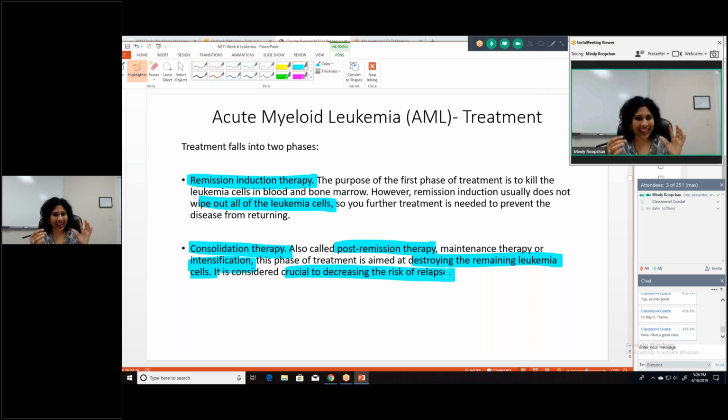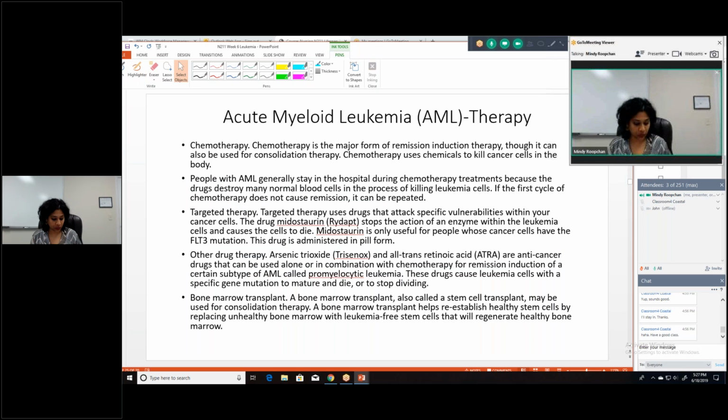So if you think of it like that, for those of you that are into your cardiac, I did that for John, that is similar to thinking of AML treatment. You are getting them on the medication, taking care of the problem, and then you're keeping them on something to destroy the remaining leukemia cells, but you're maintaining them on that so it doesn't come back. You don't want to relapse, okay?